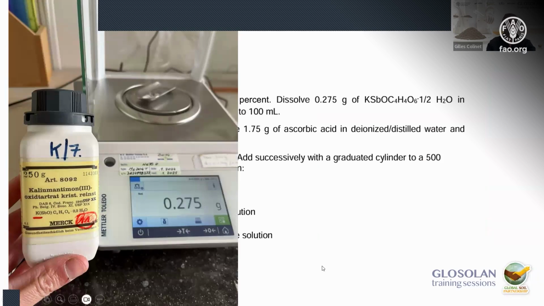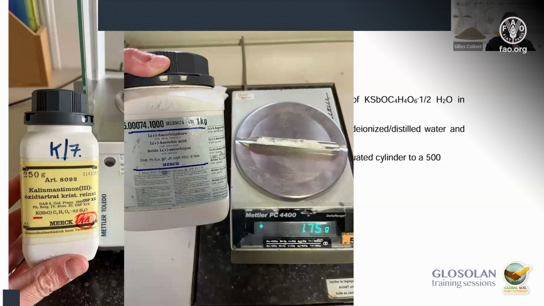According to the products, sometimes you can use a balance with 2 digits. Sometimes you need 3 digits, and sometimes you will need 4 digits at the balance, according to the precision that you need in order to make your solutions and your extractions.